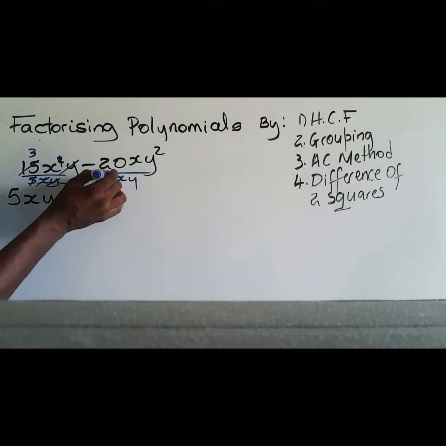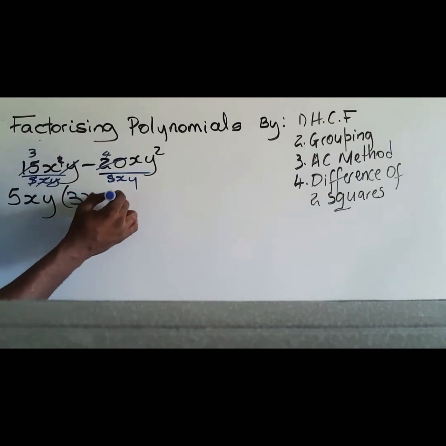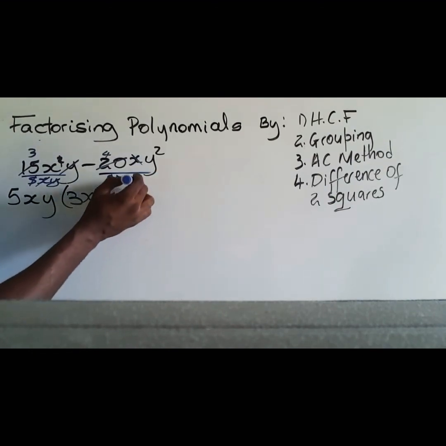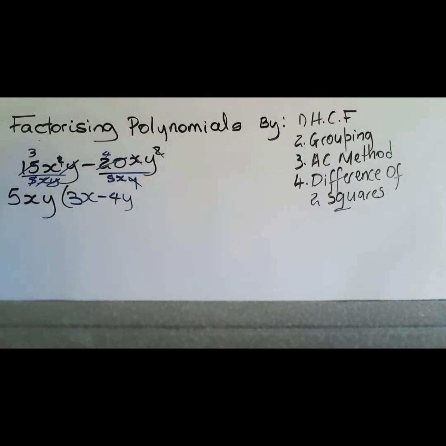The 5 would take care of the negative 20, so we have a negative 4. The x cancels itself, and the y into the y squared, leaving y. So there we'll have it, the factor. If we should factorize 15x squared y minus 20xy squared, the factors are 5xy times 3x minus 4y.